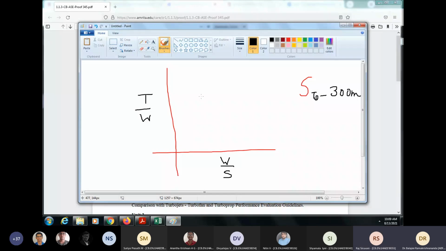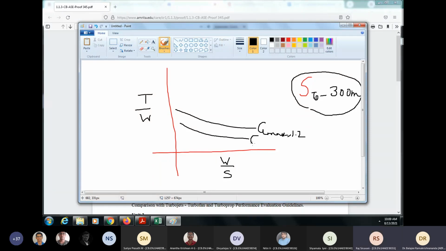For all these graphs, STO is 300 meters, but you vary CL max. This CL max is 1.2. Probably CL max is 1.